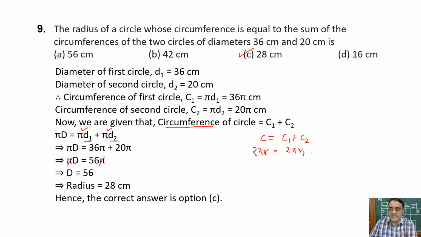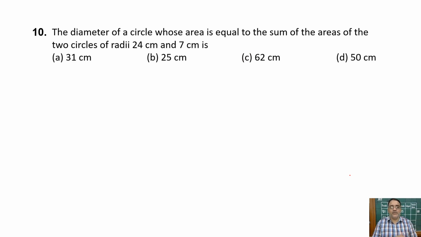Now if we divide everything by 2 pi, then r is equal to r1 plus r2, and r1 is 18 and r2 is 10, so 18 plus 10 is 28. So this method is very easy. Okay, any doubt? No, sir.